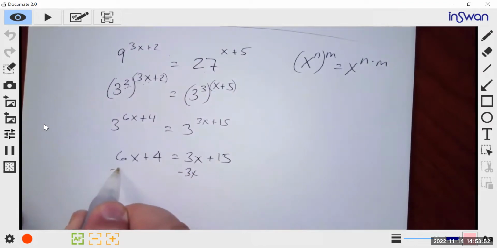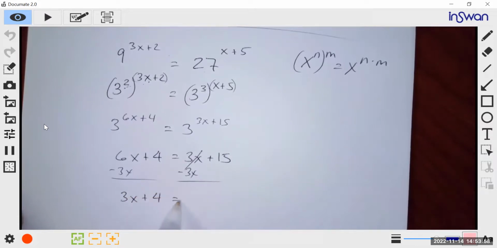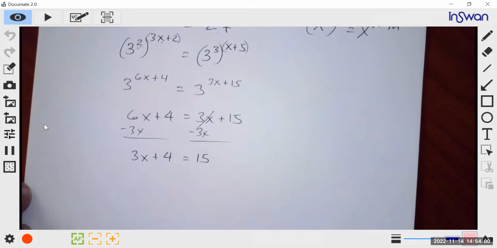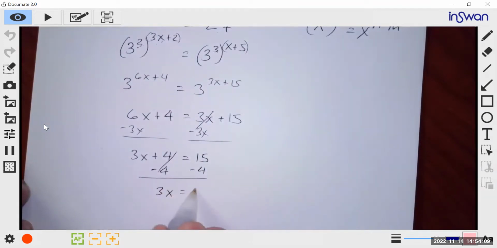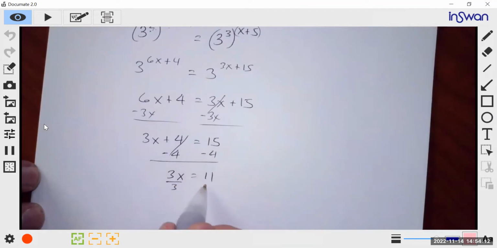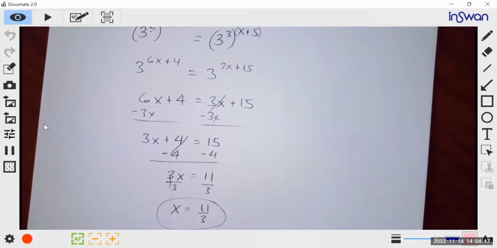Subtract 3x from both sides. 3x plus 4 equals 15. Subtract 4. 3x equals 11. x equals 11 over 3.